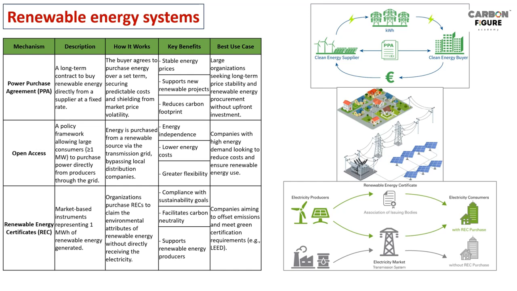So companies aiming to offset emissions and meet green certificate requirements use it. In the bottom picture on the right side, there is the source of electricity generation supplying to the grid transmission system, and from this system it is sent to the users.